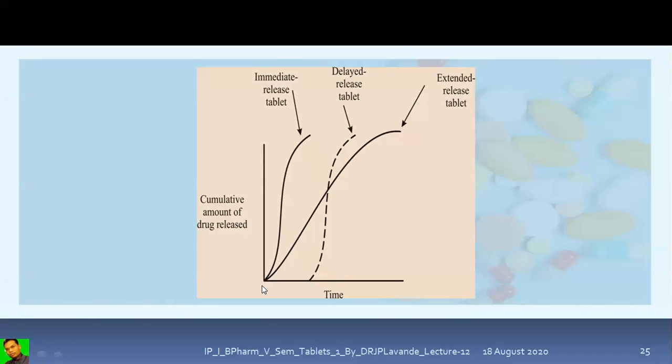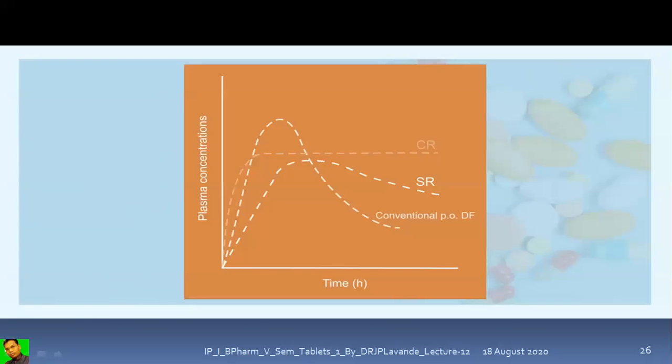But when we are taking the tablet at a time and after some time has passed it releases the drug, then such a kind of dosage form is said to be the delayed release tablet. So this is the delayed release tablet, this is the immediate release tablet, and this is the graphical representation for the extended release tablet when we are plotting the time against the cumulative amount of drug that is released.